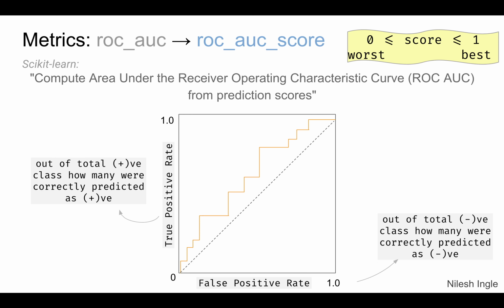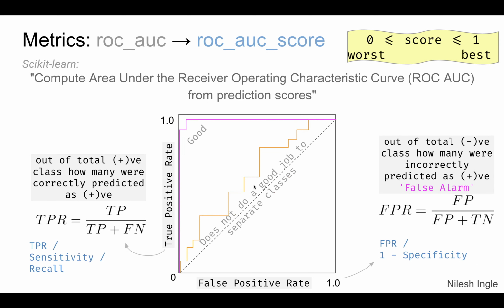Next, let's look at what roc_auc_score is. ROC stands for receiver operating characteristic curve, and AUC stands for area under the curve. The receiver operating characteristic curve shown down below shows the graph where we have the false positive rate on the x-axis and the true positive rate on the y-axis. Basically, false positive rate is how many false positives there are, and true positive rate is how many true positives there are.